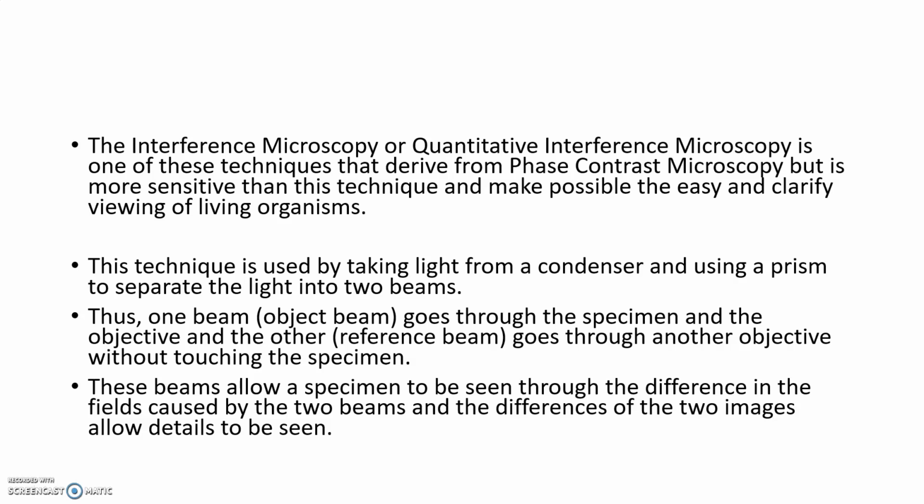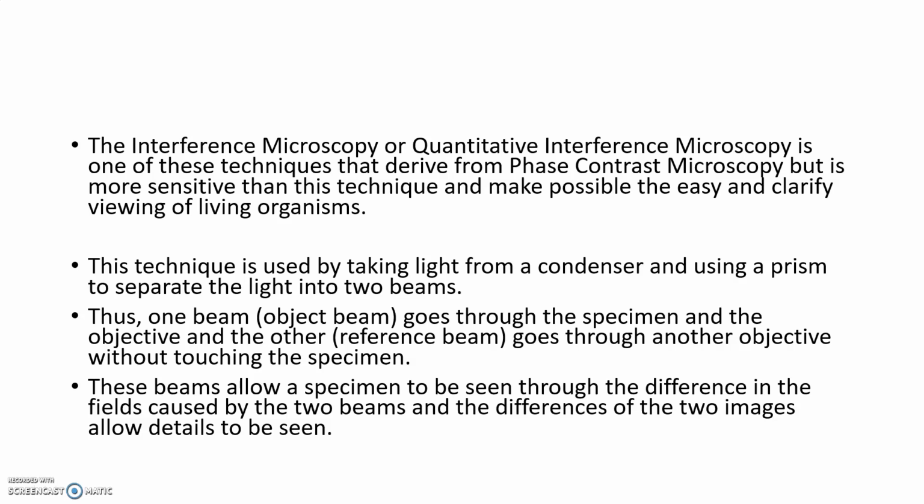In the working principle, light is taken from the condenser and, using a prism, it is separated into two beams. One beam is called the object beam, which goes through the object, such as the specimen, and the objective lens. The other beam is called the reference beam. It goes through another objective without touching the specimen.